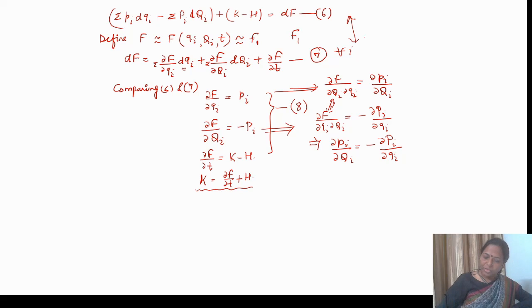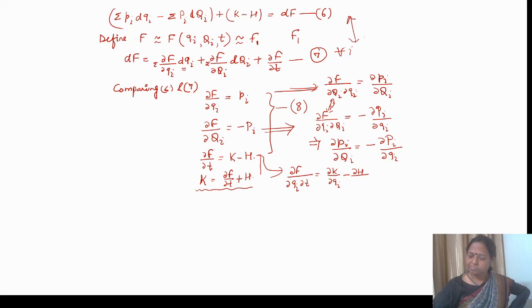Similarly, if I take this equation and differentiate it with respect to small qi, delta t, then this is equal to delta k, delta qi, delta h, delta qi, and this implies delta f delta qi is p.